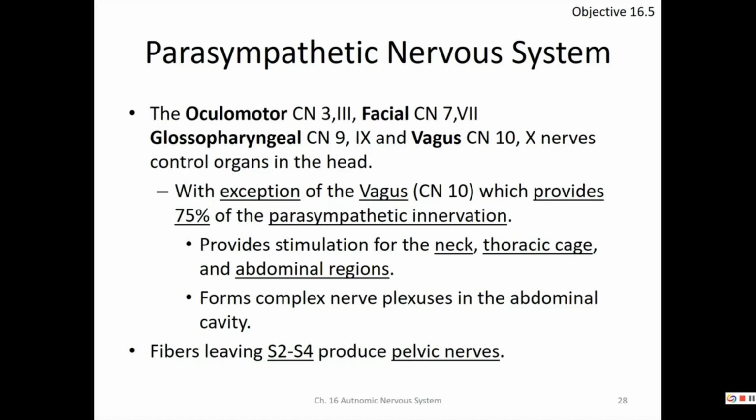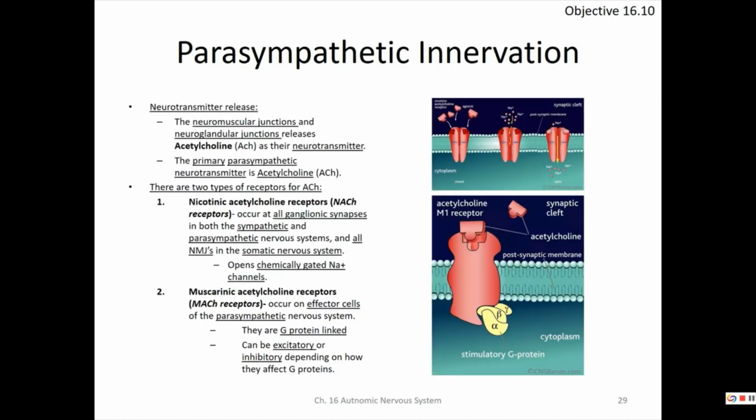But 3, 7, 9, and 10 are parasympathetic nerves. Oculomotor, facial, glossopharyngeal, and vagus all contain parasympathetic motor nerves. Facial also has somatic motor in it, but there are parasympathetic motor neurons in there, okay?